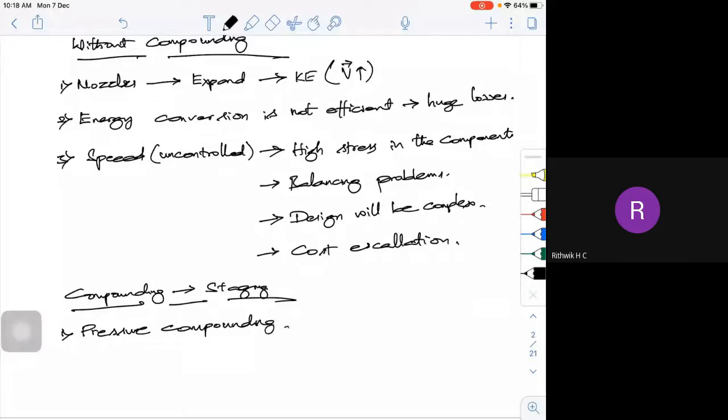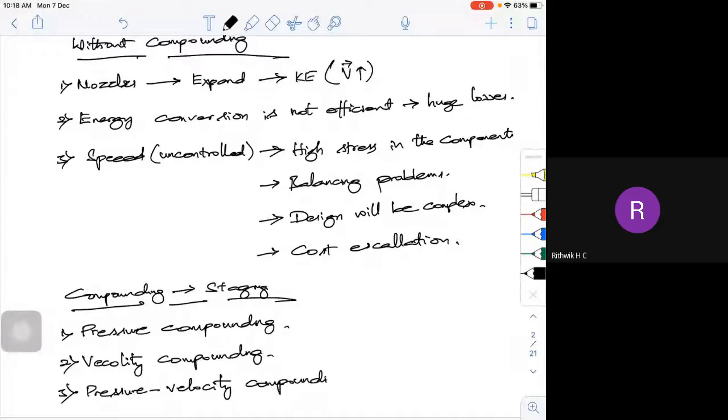The second one is the velocity compounding, and the third one is the pressure velocity compounding.